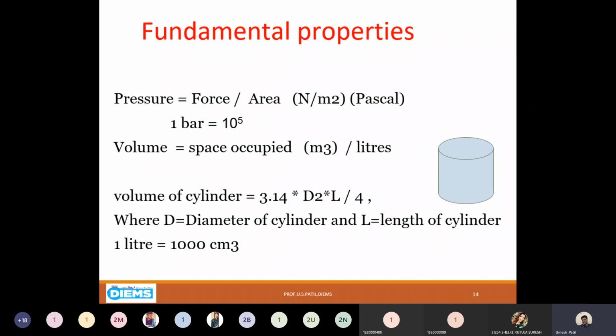Let's take an example of a cylinder. How is the volume of a cylinder calculated? Can somebody tell? How is the volume of a cylinder having a diameter D and length L calculated? Please reply.